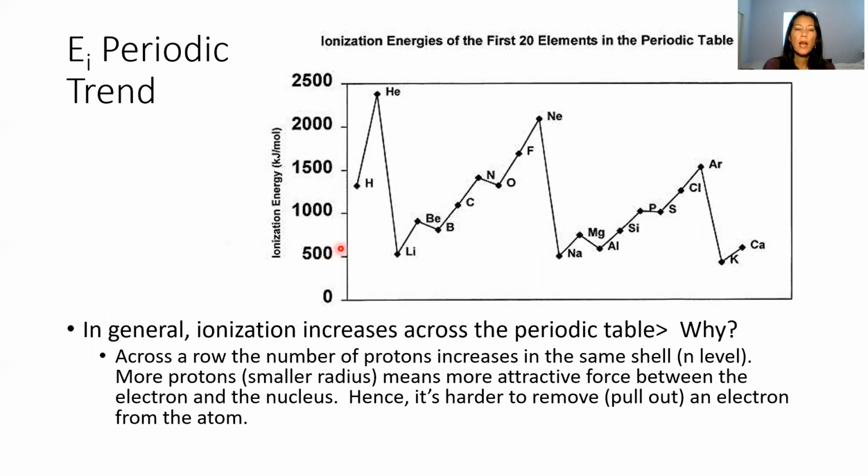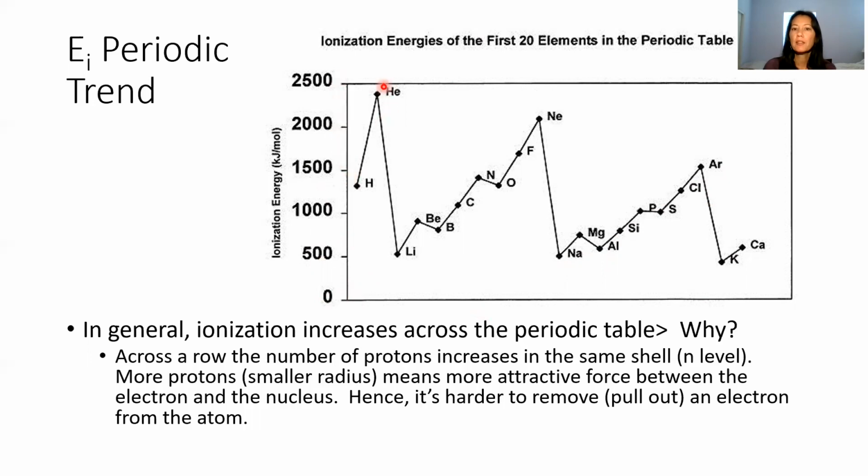So here's a trend of the ionization energies across the periodic table. So I'm going to go hydrogen to helium, and then lithium across the periodic table, then sodium across the periodic table, etc. Okay, so this is what you want to focus on here. Ionization energy starts here on the y-axis at 0 and increases.